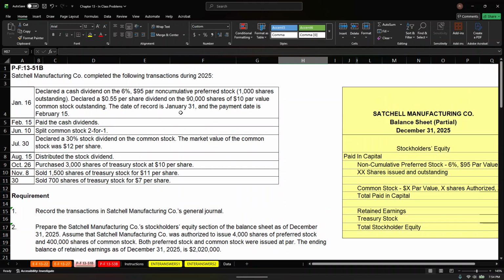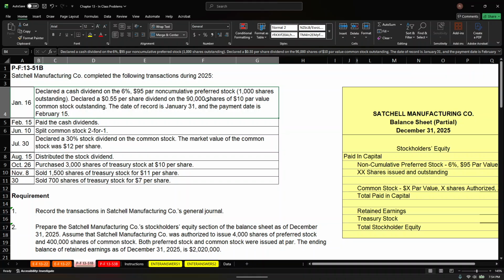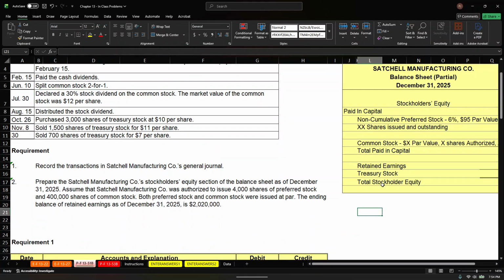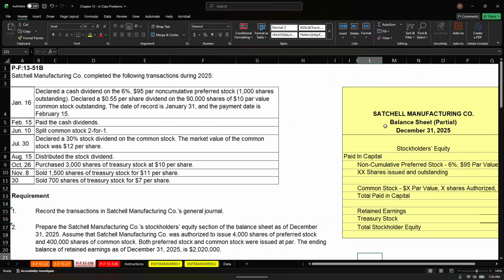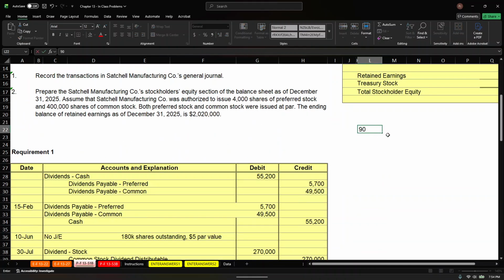Okay, so let's do the math. 90,000 we start with. It goes to 180,000. We had a 2-for-1 stock split, so we have this times 2.